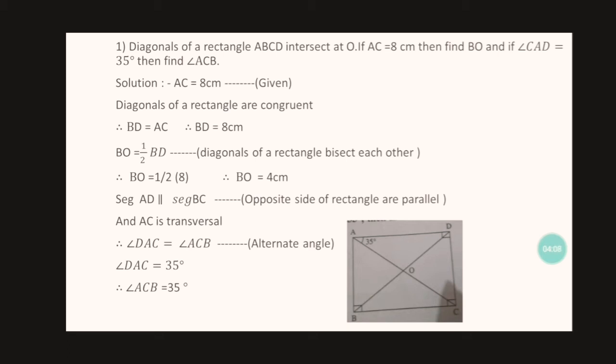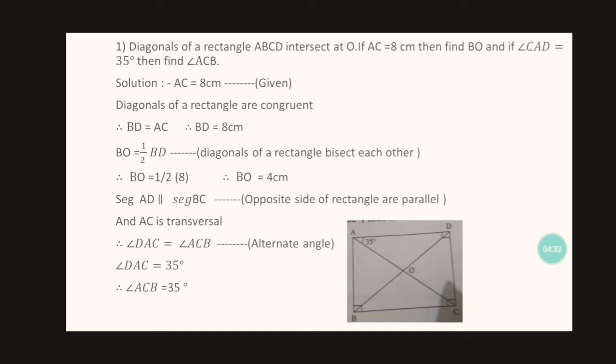In the second part, AD is parallel to BC and we will consider AC as the transversal. Now just work on the line. Angle DAC is equal to angle ACB. Now DAC is equal to ACB means they are alternate angles.